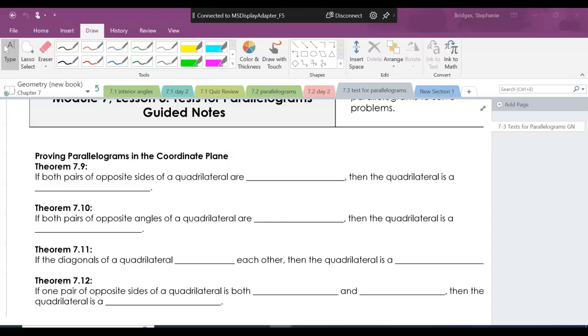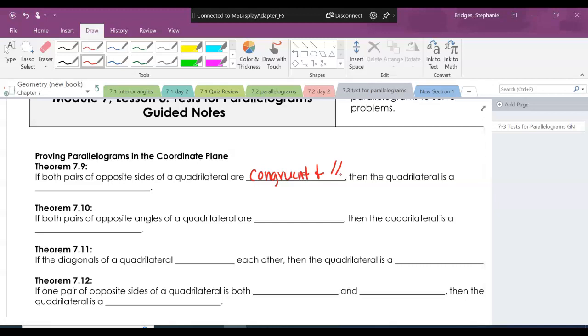All right, so here we go. If both pairs of opposite sides of a quadrilateral are congruent and parallel, and I'm just going to use that symbol for parallel because my blank is not big enough to write both. Okay.